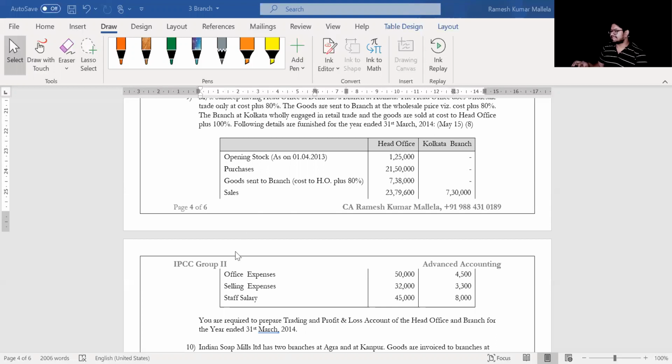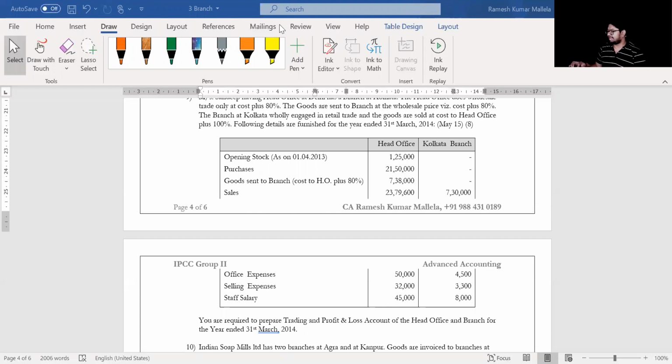Apart from that, he has given you details of office expenses, selling expenses, staff salary and all. These are nothing but your expenses which hit your P&L. So considering all this, we are supposed to prepare the trading P&L account he has asked for.